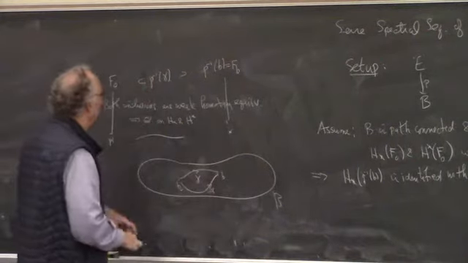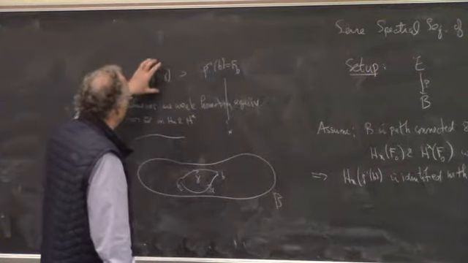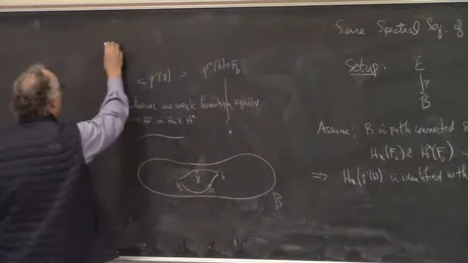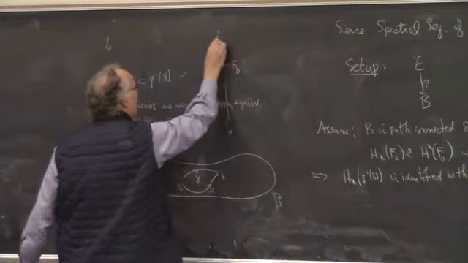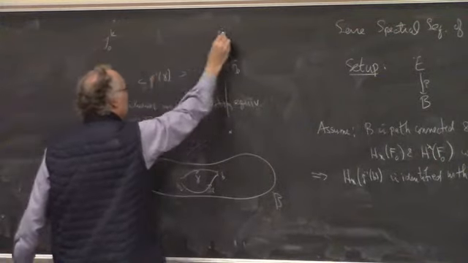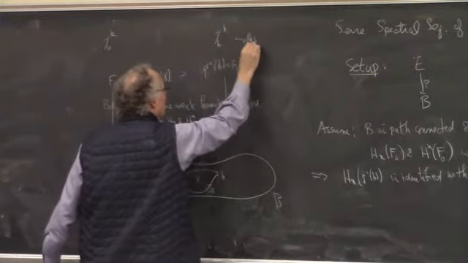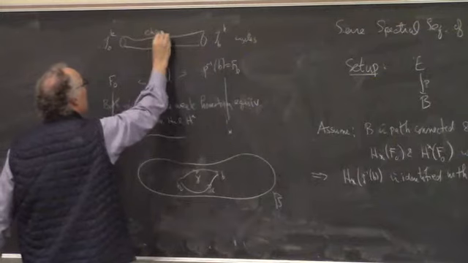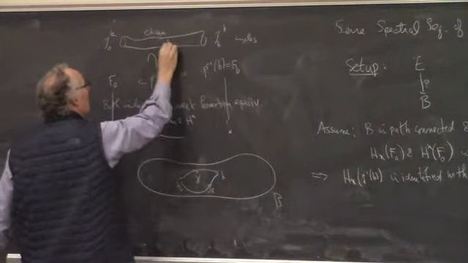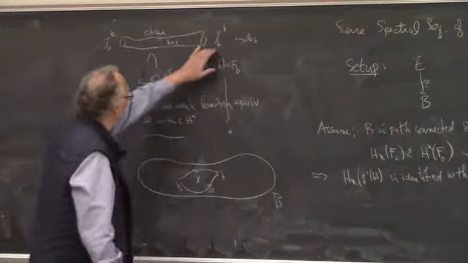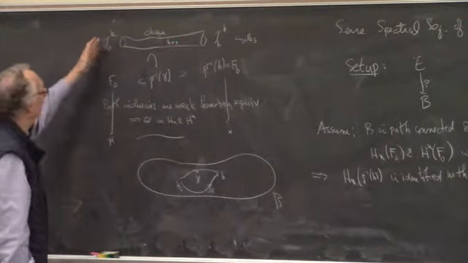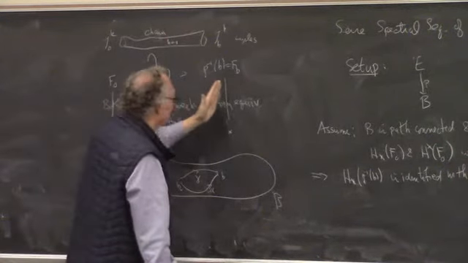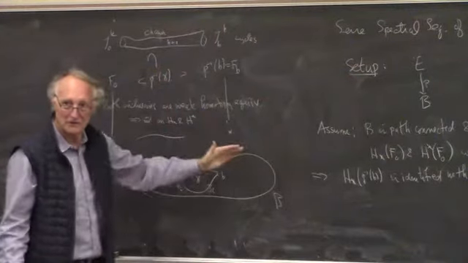You have to choose a path between them and then look at the part of the fibration over that path. In particular, if you have a cycle here, zeta naught, and a cycle here, zeta b, let's say of dimension k, so these are cycles. If you can find a chain here, of dimension k plus 1, whose boundary is this one minus that one, then the homology class of zeta naught here and the homology class of zeta b here are identified under this equivalence.